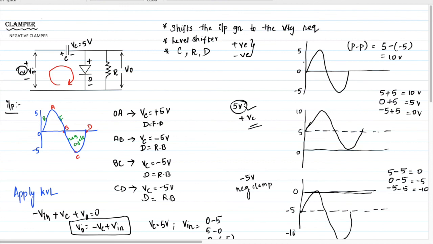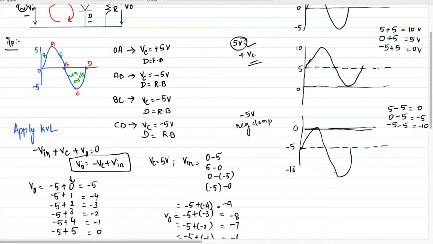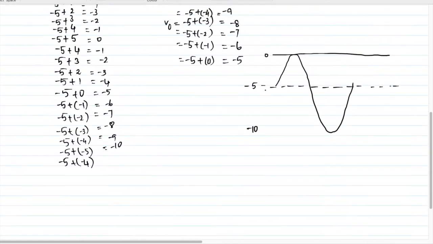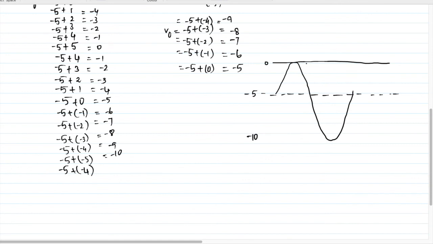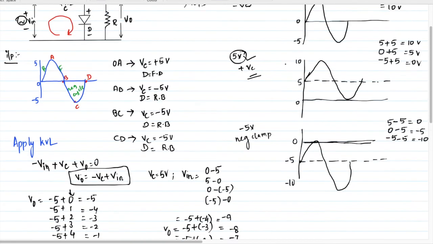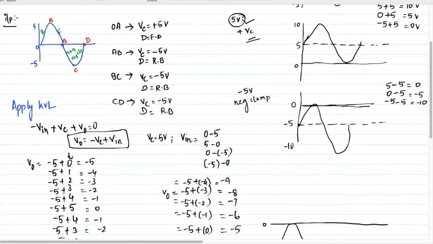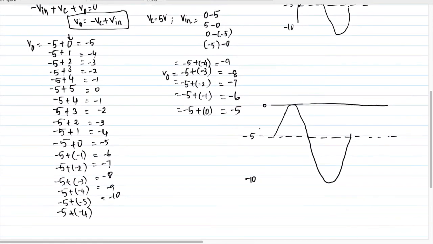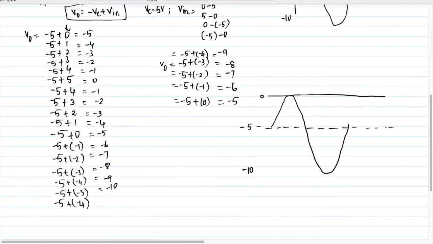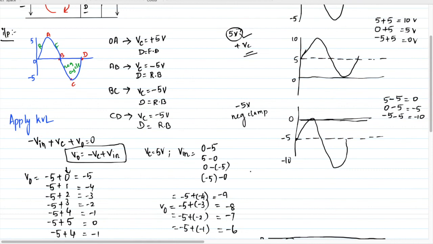So I already told you, this is the input signal and this is the output signal for the negative clamper where the level is shifted. So here also the level is shifted. This is the input signal, which is at 0, 5 and -5. Here it is -5, 0, 10. Just calculate the peak to peak voltage. Here peak to peak voltage is positive peak minus negative peak, 10 volt.